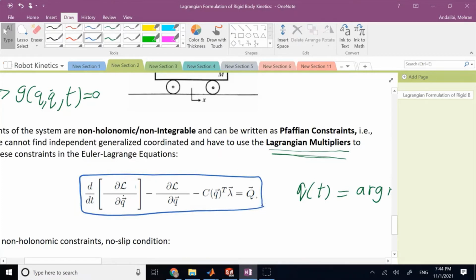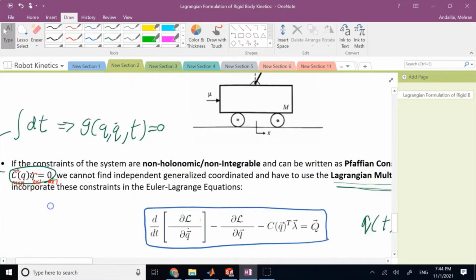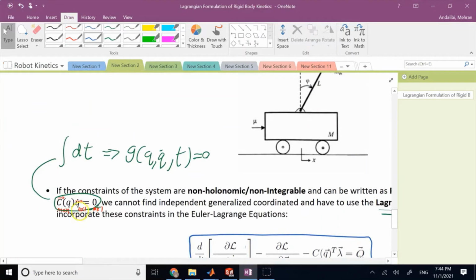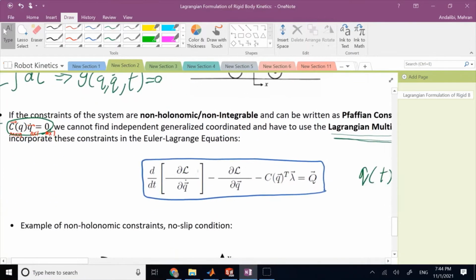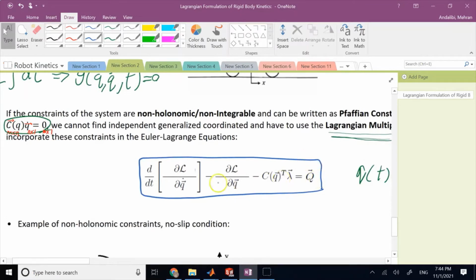This is, of course, not going to give you enough equations, because if you have n variables in q and m constraints, these equations are only valid for the q's. So here you are going to have only n equations.